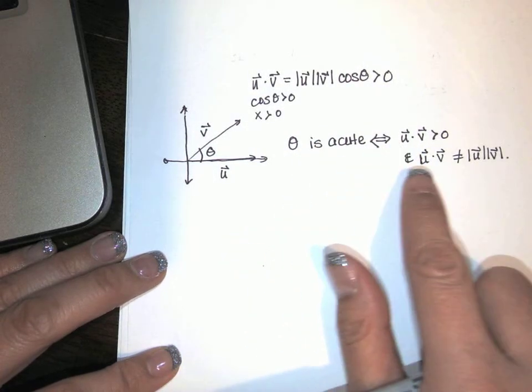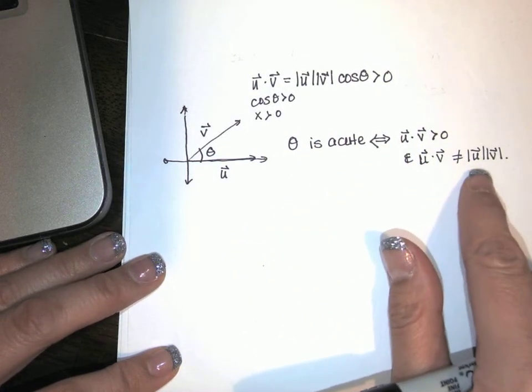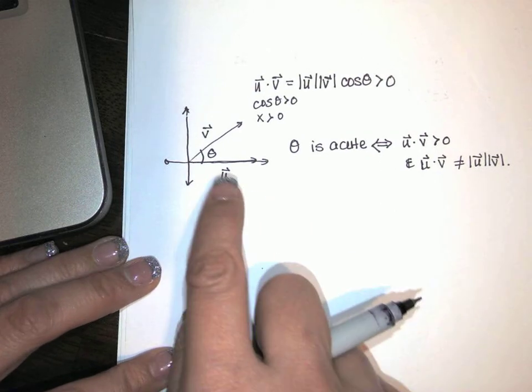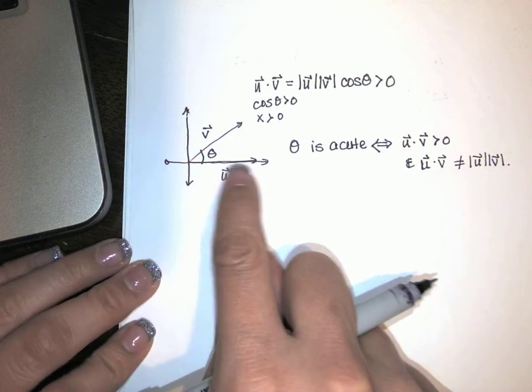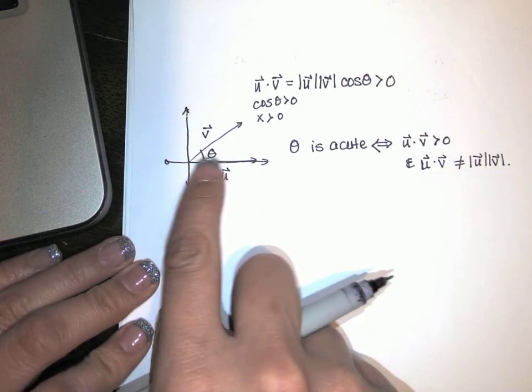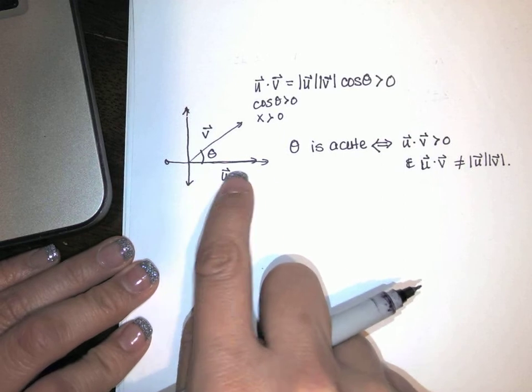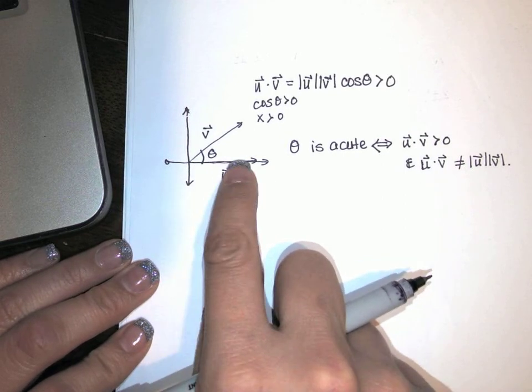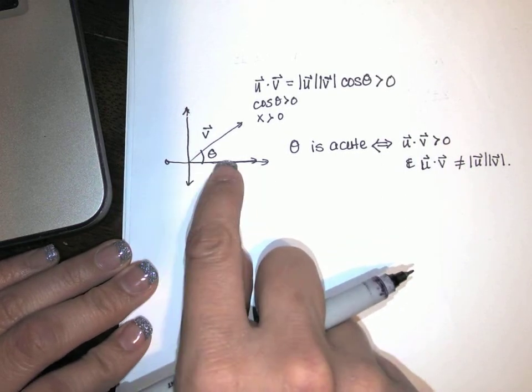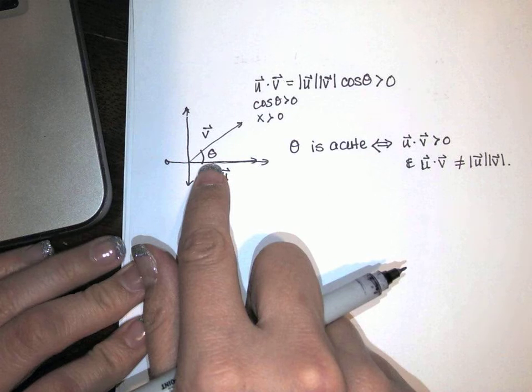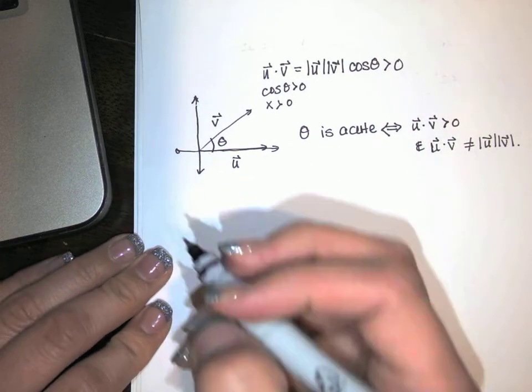So if it's positive and it's not the maximum possible, so that they're both pointing in exactly the same direction, you can say they're kind of pointing in the same direction. Like this one's pointing over here, and this one's got a component that's parallel to that. It's sort of pointing that way. So u dot v is positive when theta is acute.